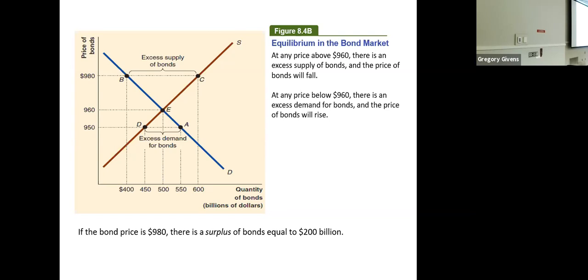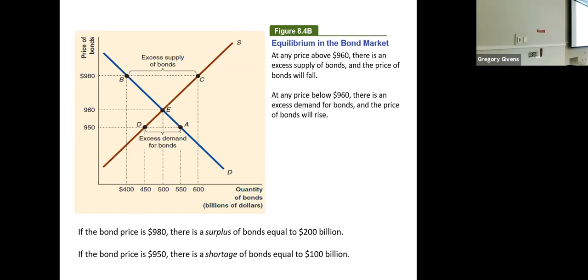Okay, so here you have potential bond buyers unable to find sellers at the existing price of $950, right? And so they're going to start to be willing to pay more than $950 for the bonds, and the price will be bid up until equilibrium is restored, right?